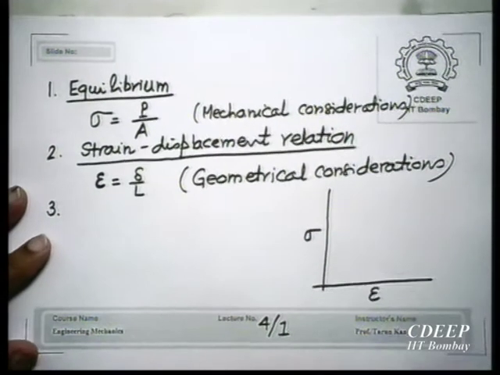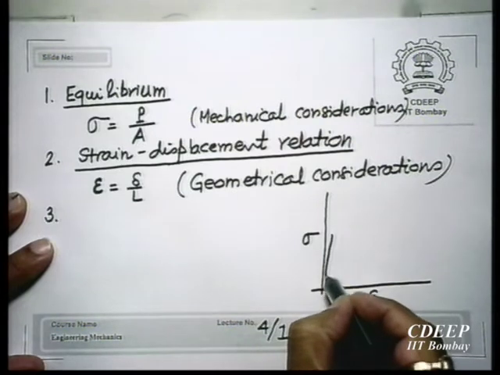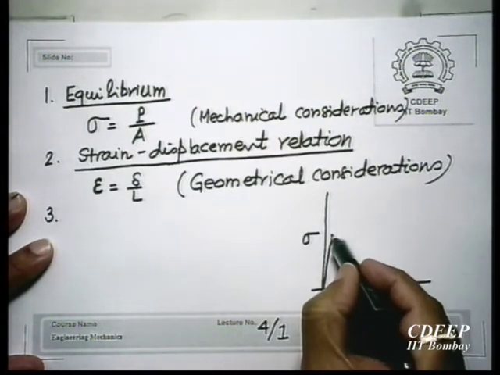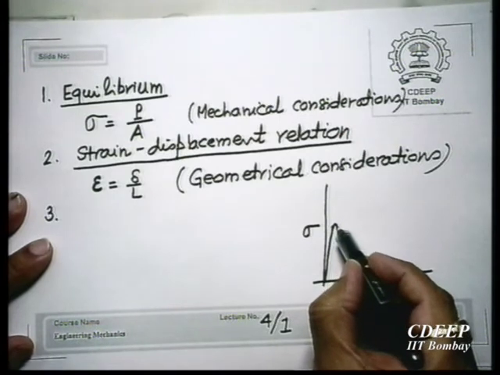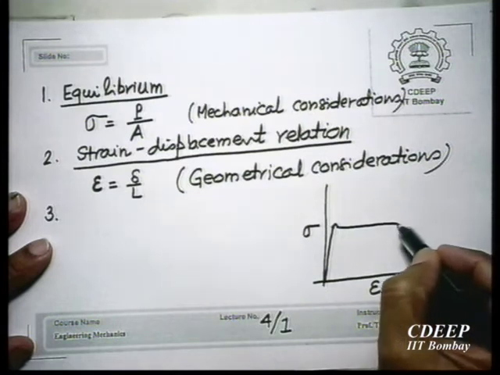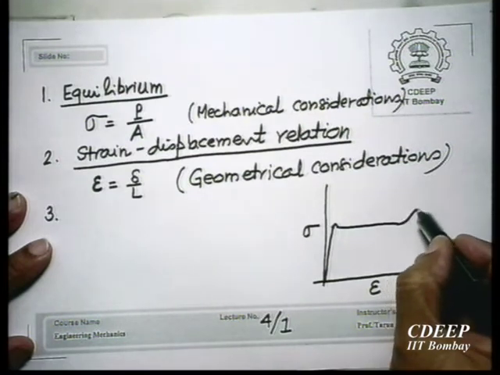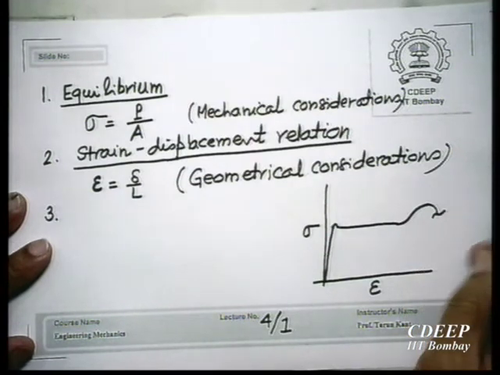For example, for steel, the curve goes straight, then there is a slight hump, then a flat portion, then again a small increase in load, and afterwards here it is rupture.